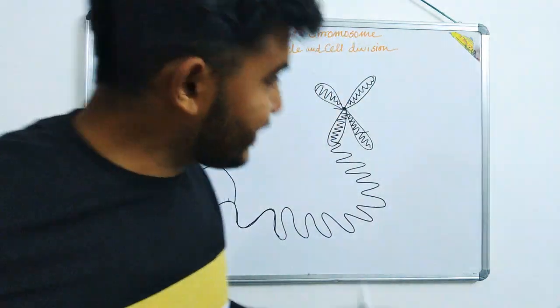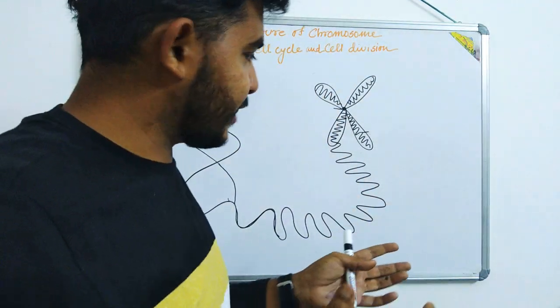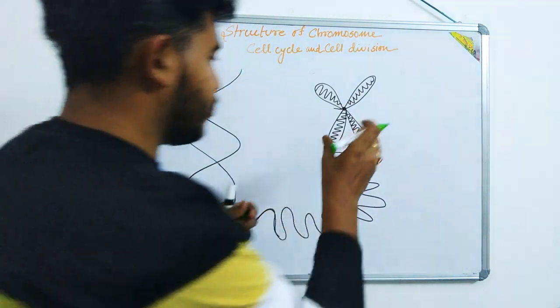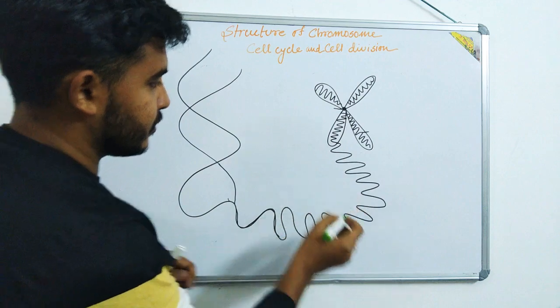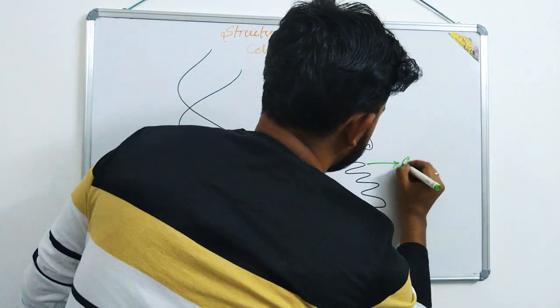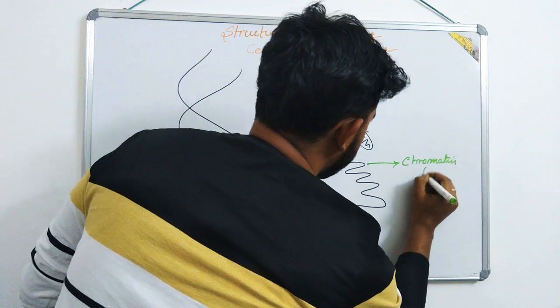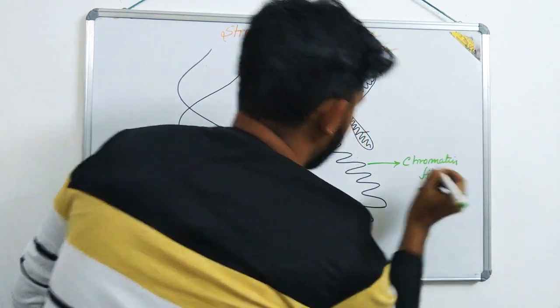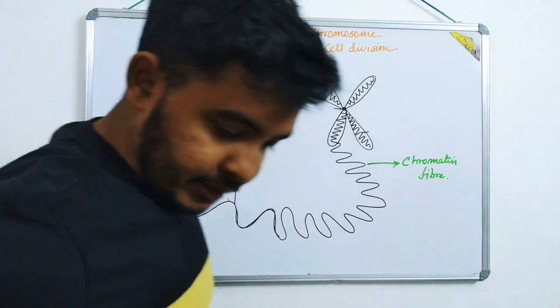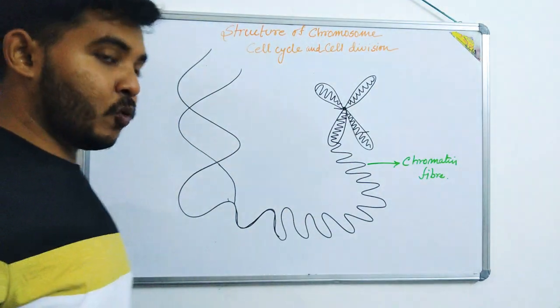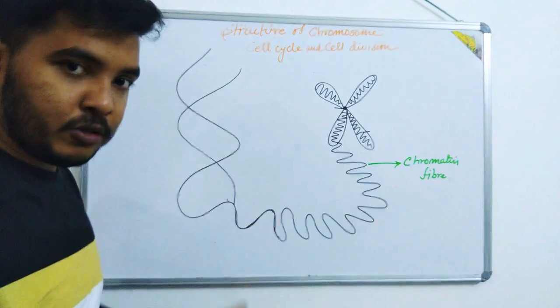This thing is not that simple. These fibers are chromatin fibers. These chromosomes are made up of one more thing.